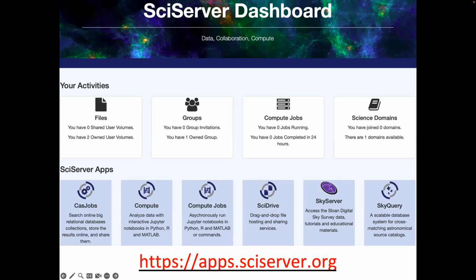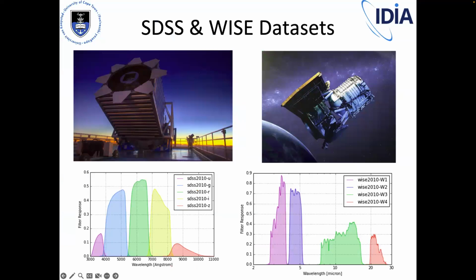All of these services are available for free by signing up on sciserver.org, and I encourage you to do that and play with some of them. We will focus on the CasJobs tool, which allows you to search big databases and match them in such a way that you can create a dataset for your own science work.